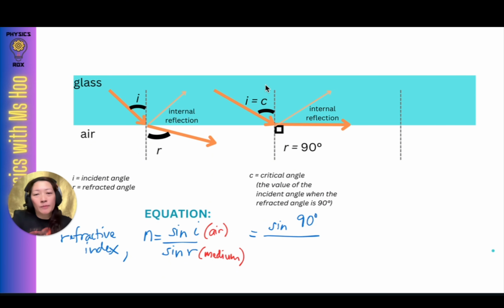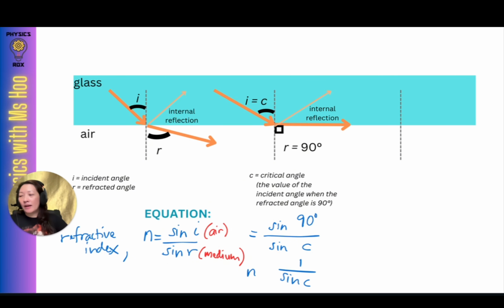The angle in the medium is now equal to the critical angle, which we put as C. So we're going to put C here in the bottom part of the fraction. Now, use your calculator and find out how much sine 90 is. I'll wait. Yeah, it's 1, right? So that's how in the end we get this simplified formula of 1 over sine C.